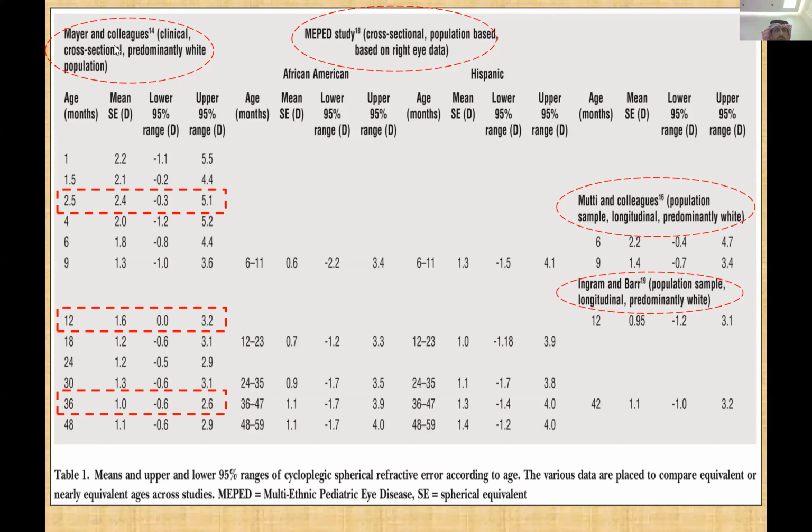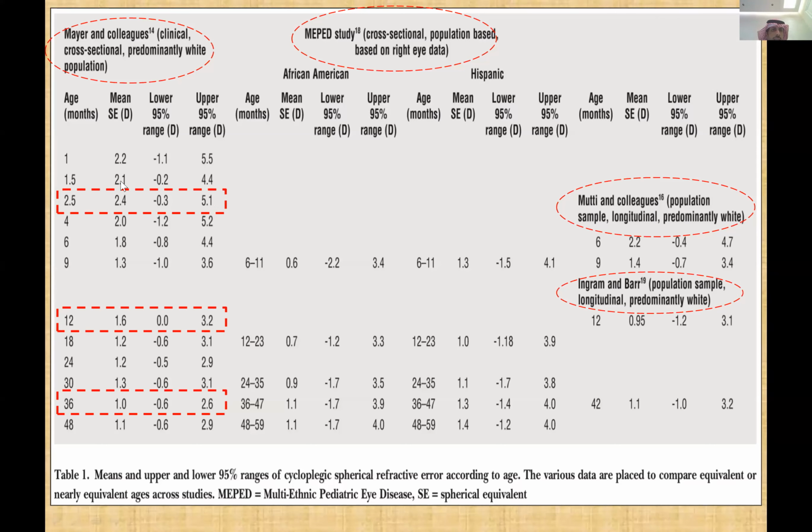So, for example, here in the study of Meyer and colleagues, at the age of 2.5 months, the mean spherical equivalent is 2.4 diopter, and the lower 95% range, that means 95% of the population at the age of 2.5 months, the lower limit for them is minus 0.3, and the upper limit is 5 diopter.